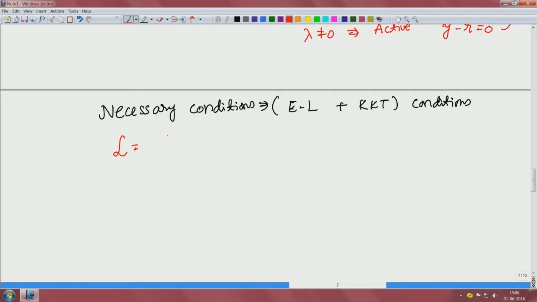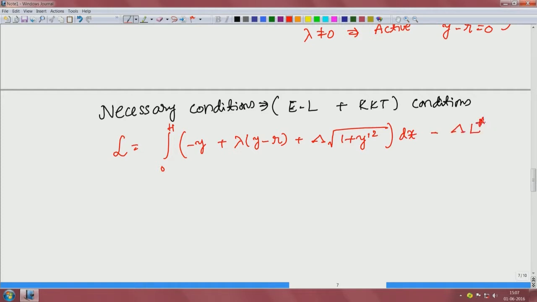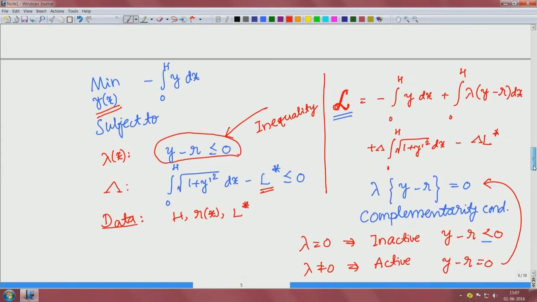Lagrangian: integral 0 to h of minus y from the objective function, plus lambda times y minus r, okay, and we have capital lambda times square root of 1 plus y prime squared dx, and then we have this capital lambda L star. Okay. Basically, I have collected the terms that were here.